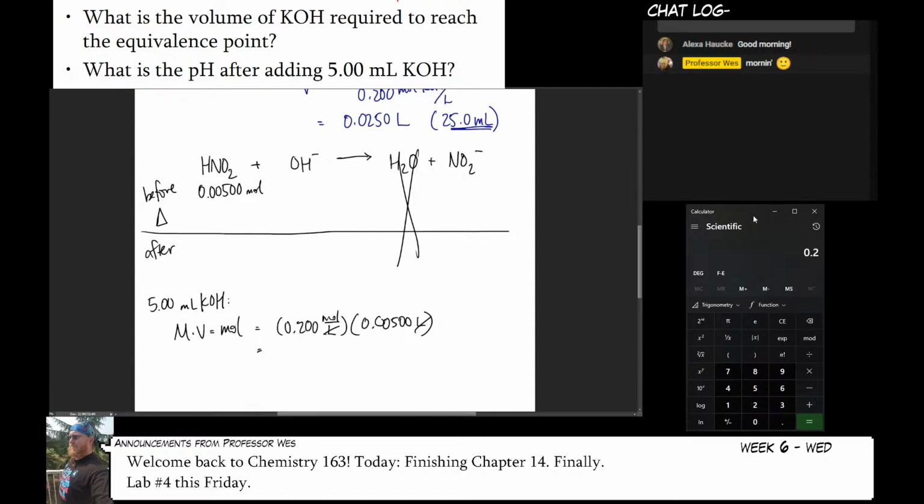So 0.2 times 0.005 equals 0.00100 moles. So that's what we're going to be adding here. That's going to react with our acid, so we'll subtract. And that's going to produce nitrite.